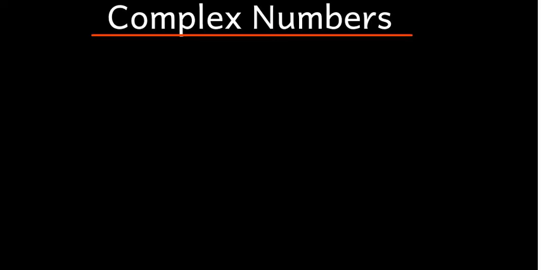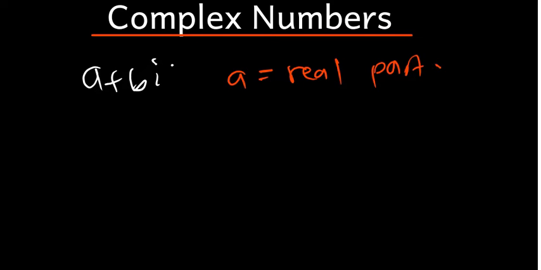So let's take, for instance, a + bi. In this case, this a is the real part, okay? Then bi is basically the imaginary part.